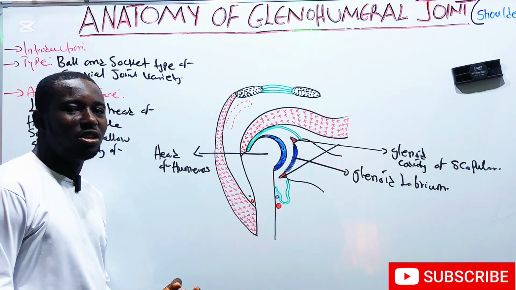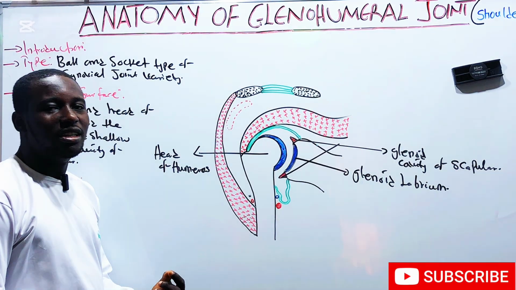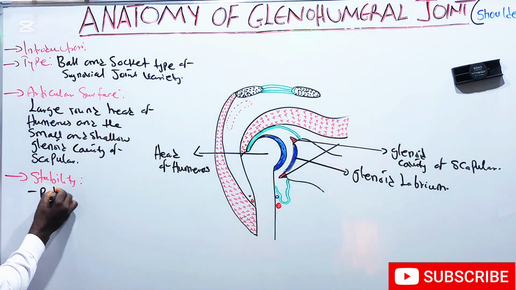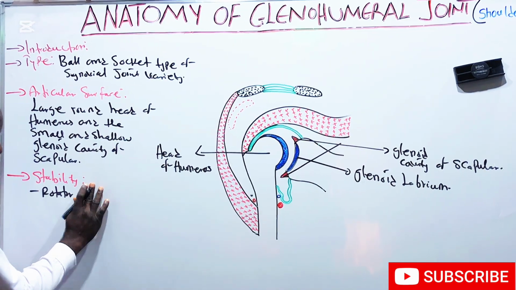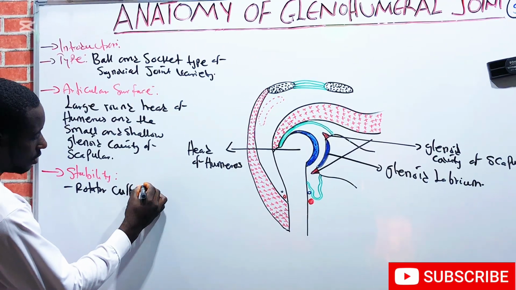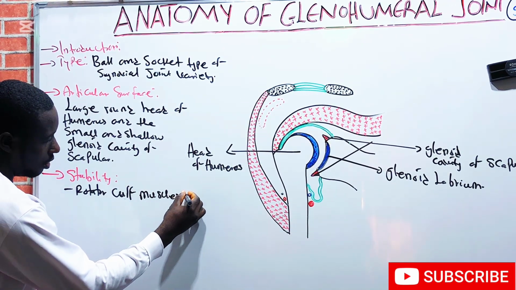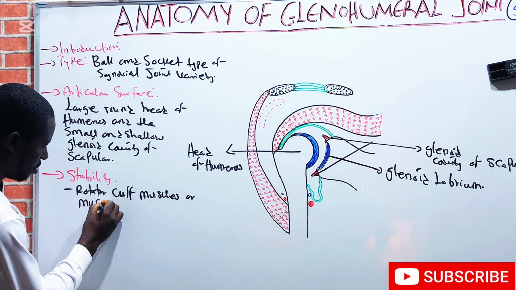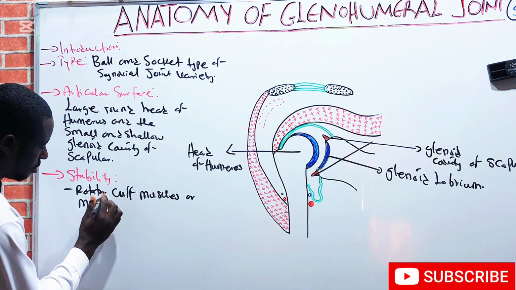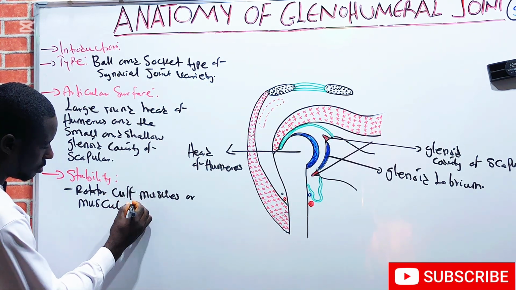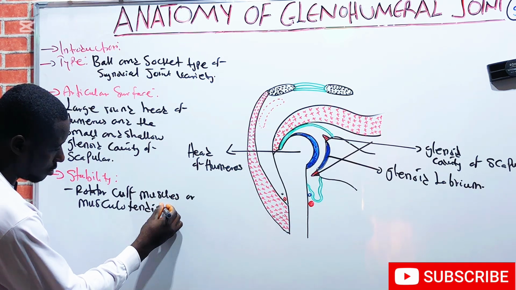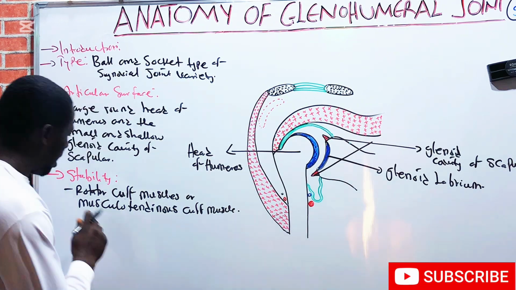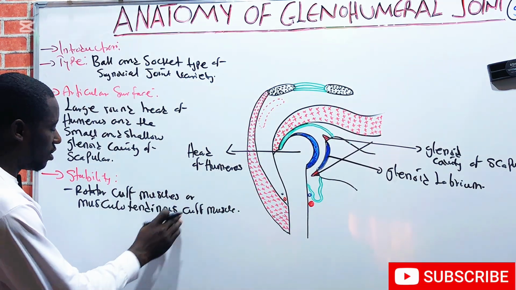Number one is the rotator cuff muscle, or the musculotendinous cuff muscle.